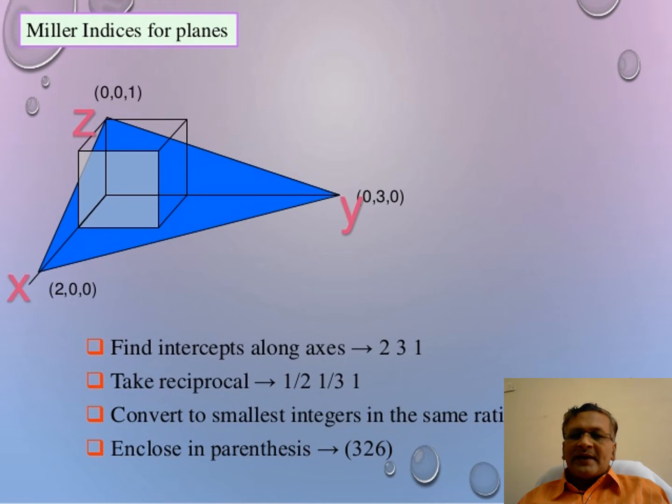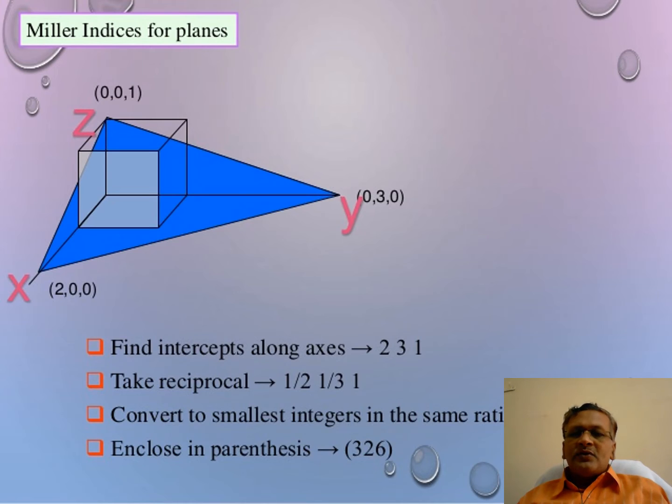First we write the intercepts along the axes: 2 along x, 3 along y, and 1 along z. Now reciprocate: 1 by 2, 1 by 3, 1 by 1. Third step, convert to the smallest integers by multiplying by the LCM, which is 6.